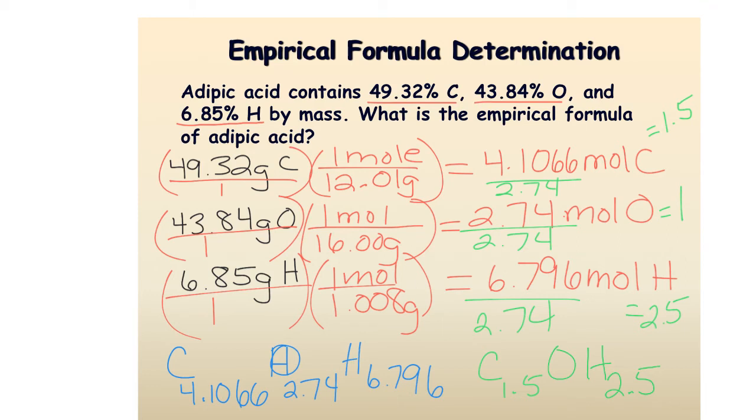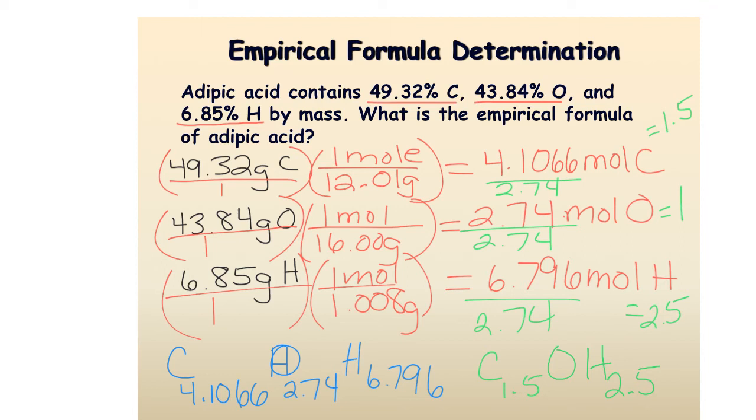Now a lot of times in this step, we'd have our final answer. It might be 3, 5, 1, and we'd be good to go. We are almost good to go, and this is what that last piece of instructions was on the previous slide. You sometimes have to multiply by a whole number.